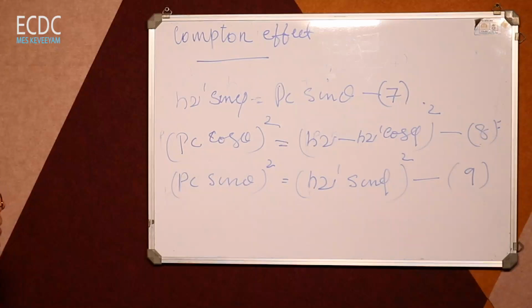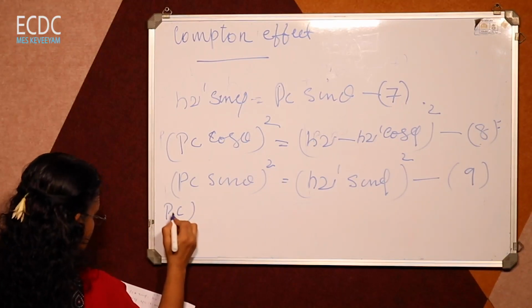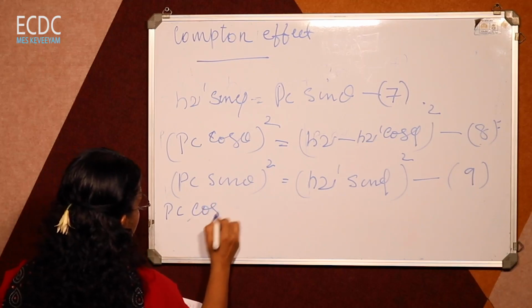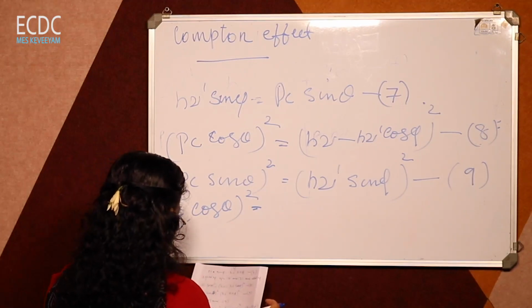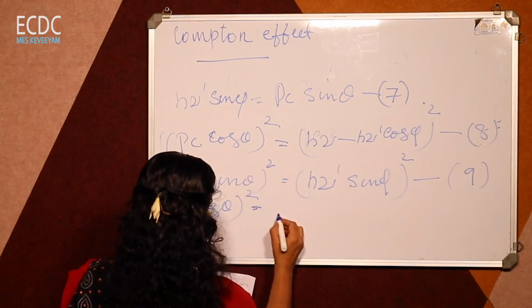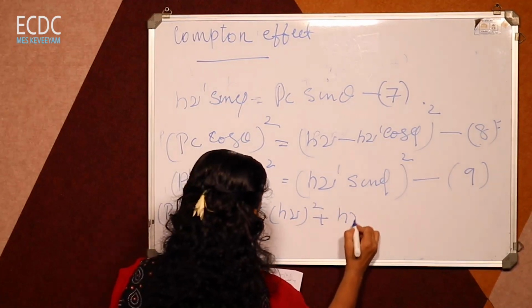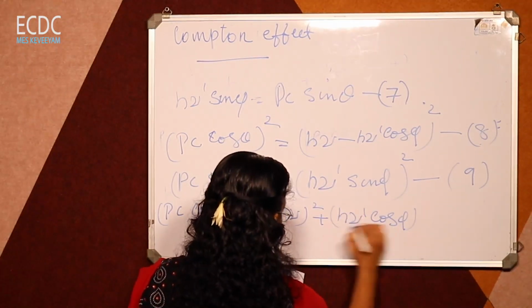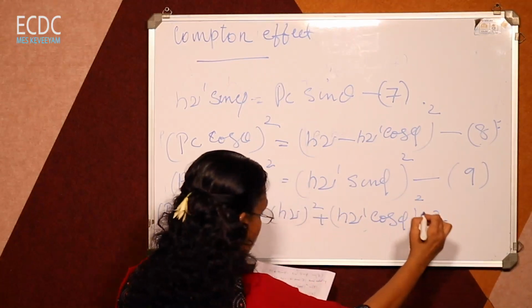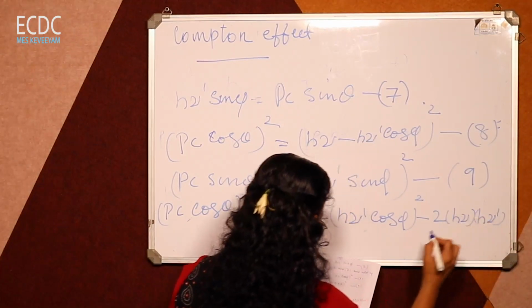Then add 8 and 9, that is equation 8 and equation 9. So you will get the expression as pc cos theta squared equal to, that is, adding this one, you get h nu squared plus h nu prime cos phi squared minus 2 h nu prime cos phi.